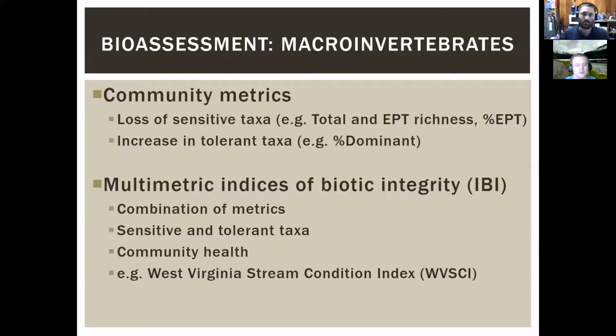Those are three orders of macroinvertebrates that are sensitive to pollutants. For the EPT richness, you'll be counting the species within each of those three orders. For the percent EPT, it'll be the percent of organisms within those orders versus the entire sample, so all other organisms in the sample.